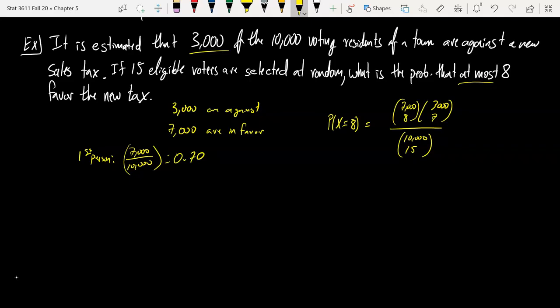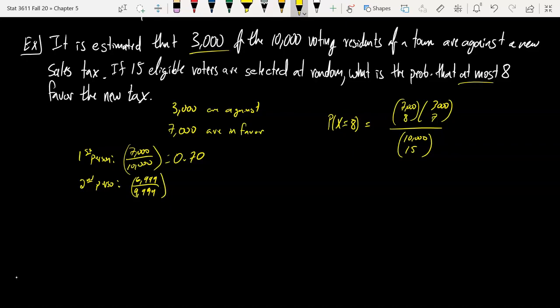What about the second person? If this is sampling without replacement, well, for the second person, if I'm just going to say this is in order, that would mean if the first person was in favor, there would be 6,999 people left that are in favor out of 9,999 people that you're picking from, right?